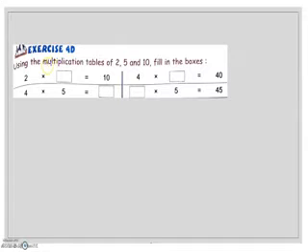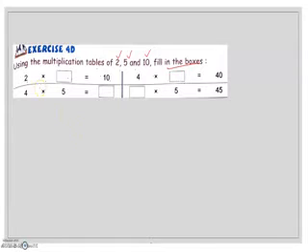The question is, using the multiplication tables 2, 5 and 10, fill in the boxes below. So with the help of multiplication table of 2, 5 and 10, we are going to do the following problems. 2 into dash is equal to 10. 2 into some number is equal to 10. We have already learned the multiplication table of 2.